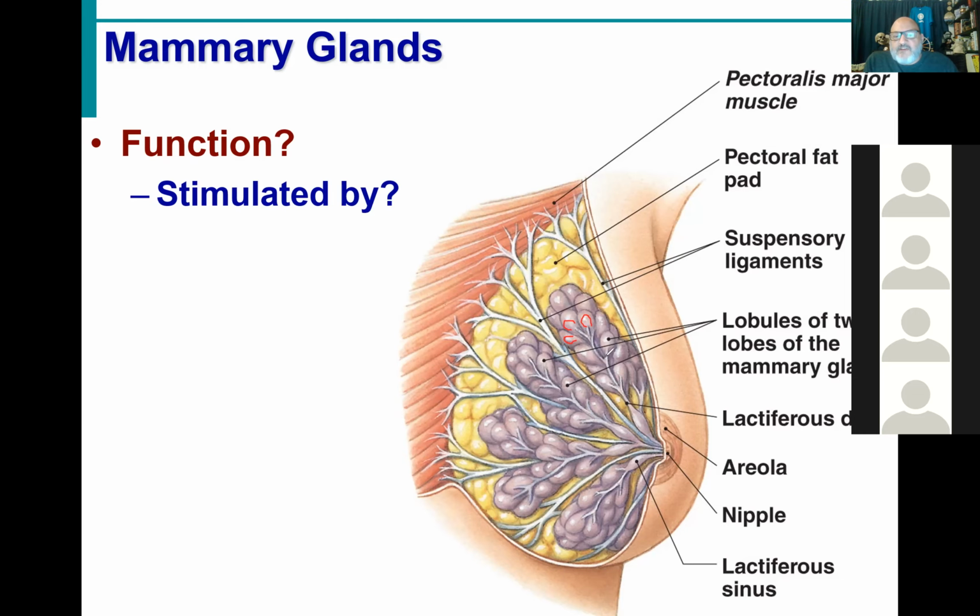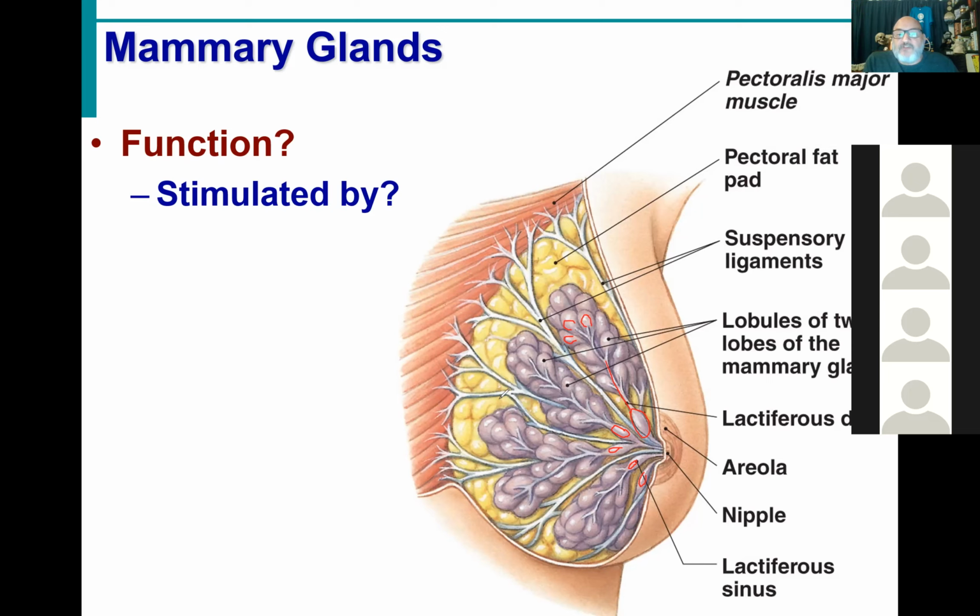Then oxytocin is going to cause the milk to come down into these enlarged structures right next to the nipple that are the lactiferous sinuses. These lactiferous sinuses basically store the milk so that as the baby sucks on the nipple, it is expressed. So it is that letdown of the milk that is caused by the oxytocin.